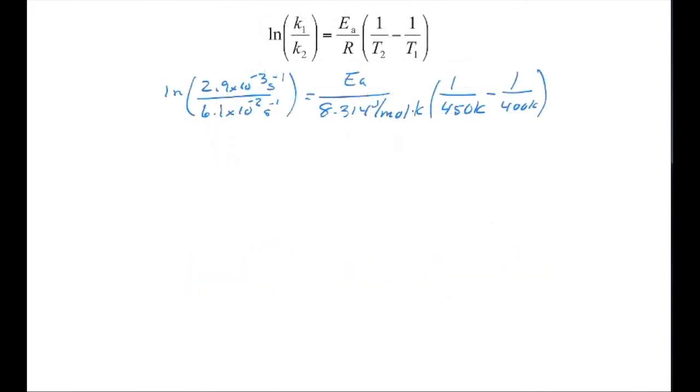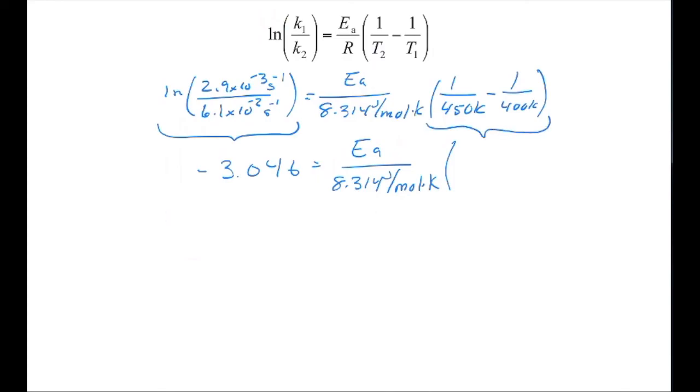Okay, so now I'm just going to consolidate what I can. So this, if I do that, that equals minus 3.046 equals EA over 8.314 joules per mole Kelvin multiplied by this, which ends up being minus 2.78 times 10 to the minus 4 Kelvin.